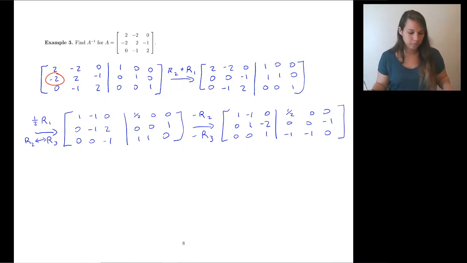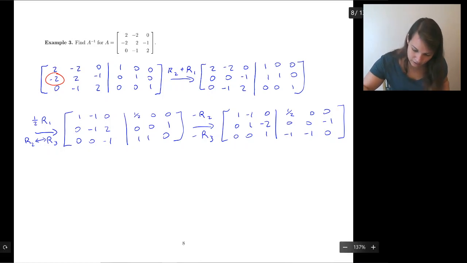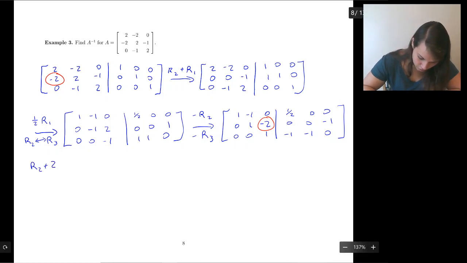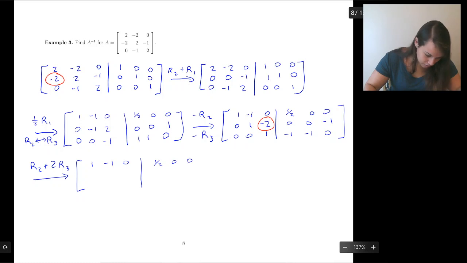This is pretty close. Let's get rid of this -2 here next. So we can do row 2 plus 2 times row 3. And we're going to get row 1 stays the same. 0, 0. Then row 3 stays the same.